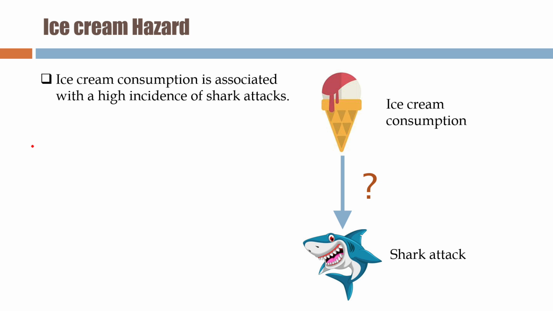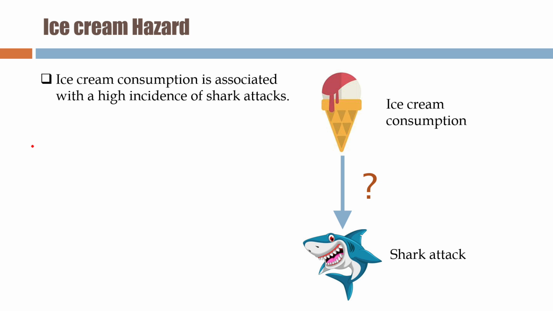You know the ice cream hazard problem. Ice cream consumption is associated with a high incidence of shark attacks. So if you eat more ice cream, there is a high probability you will be attacked by a shark. So don't eat any ice cream. Of course, this is not true.